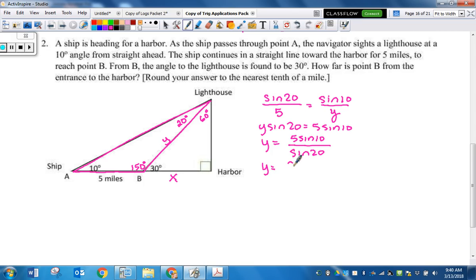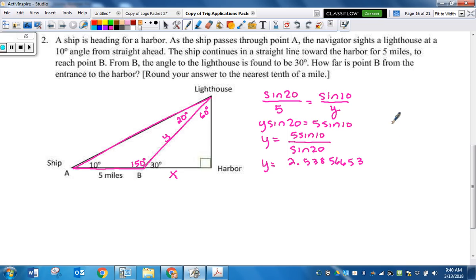Again, not what I'm looking for, but I'm a little bit closer to what I want. So again, I have options. I could go law of sines again, over here, which would be sine of 90 over 2.5385663, and that would equal sine 60 over x.